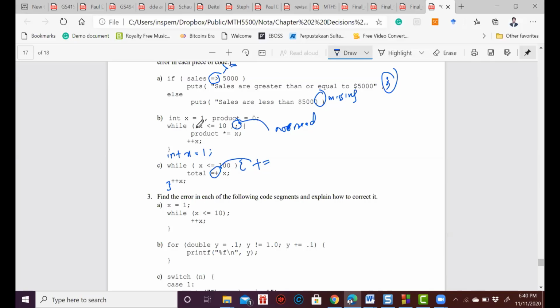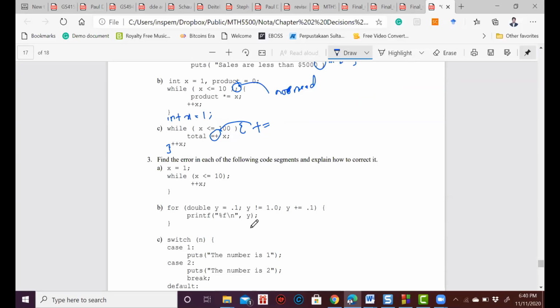While: initial value, stopping, and then update value. After this, we will look at the looping topics: while, for, and do while. So this part should be in the second topic, the looping topic. Okay, number one.